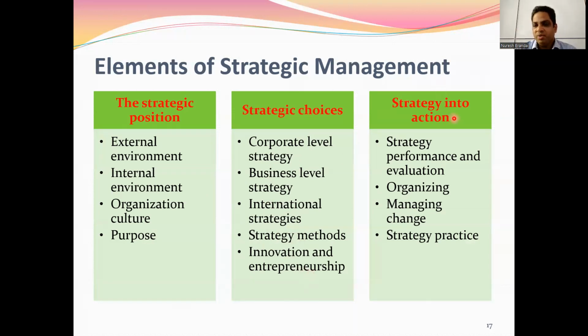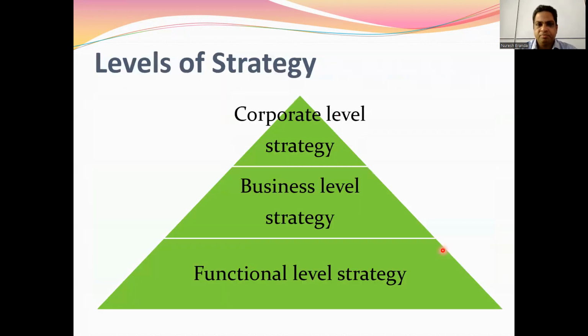And then strategy into action, or practice. Here it is basically about performance and evaluation. You have to evaluate the performance at the end of the day, how you are organizing things, how you manage the change, and how to work the strategy into practice. So these are the three main elements of strategic management.